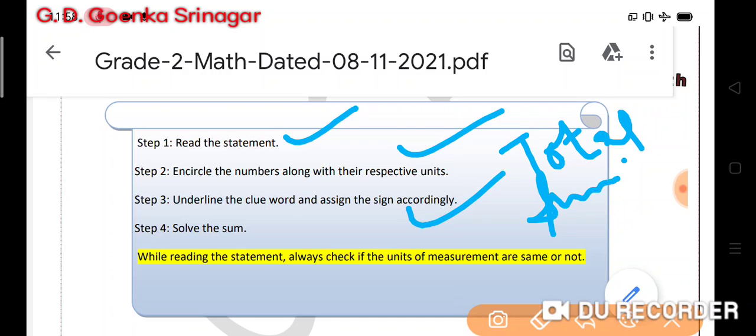Then accordingly you can assign the sign. You will see if you have to add or subtract. Then you will solve the sum. While reading the statement, always check if the units of measurement are the same or not.